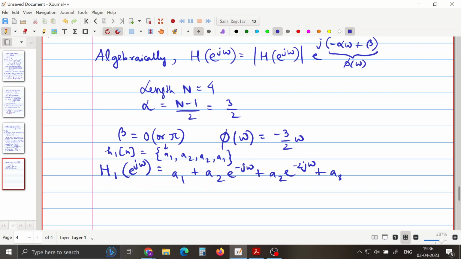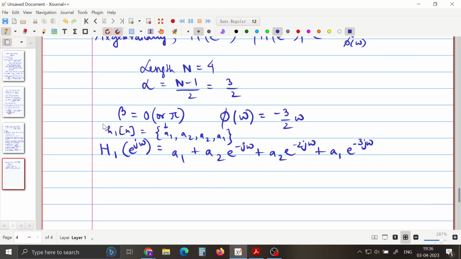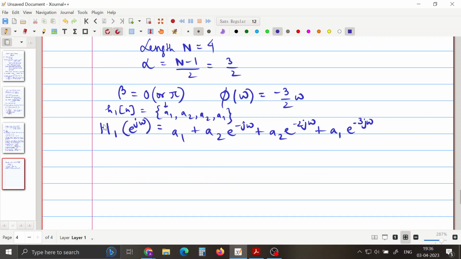Oops, it's not A3, it's A1, because it's symmetrical, it's even symmetrical. Okay, so the first coefficient is exactly equal to the last coefficient, the second coefficient is exactly equal to the second last coefficient, and so on. So this is even symmetry, and so this is the expression for the DTFT.